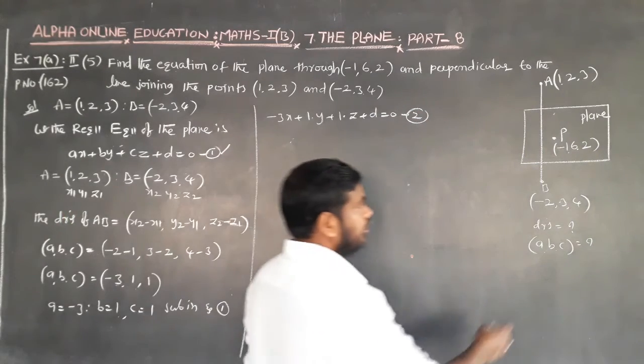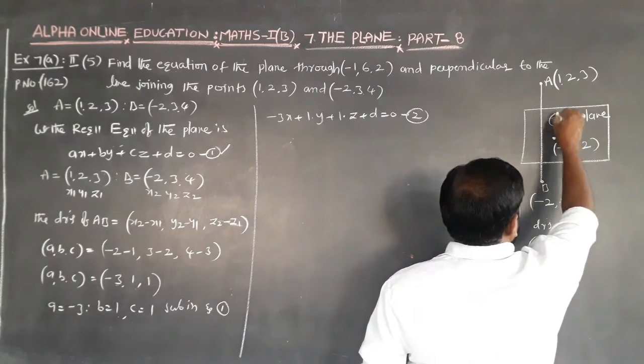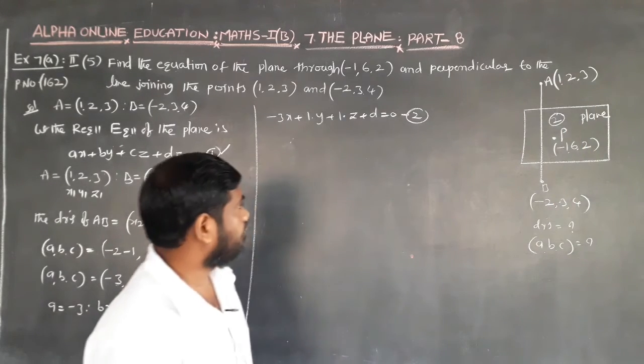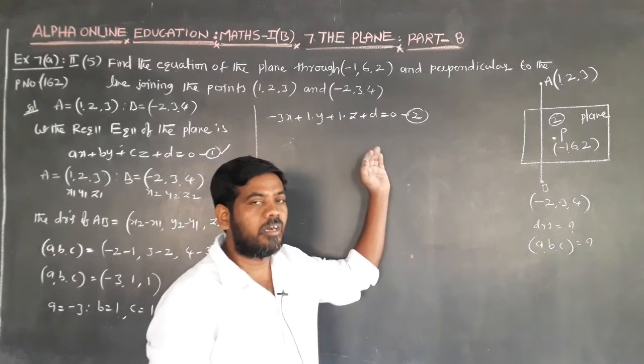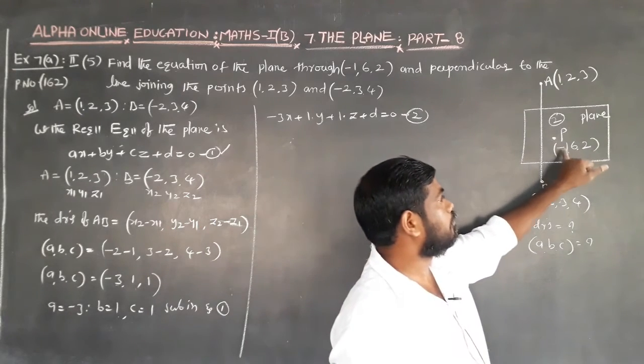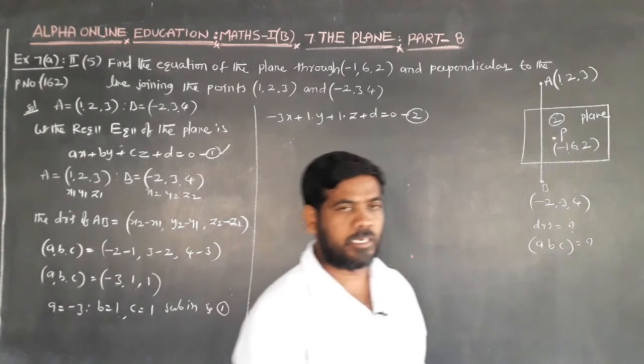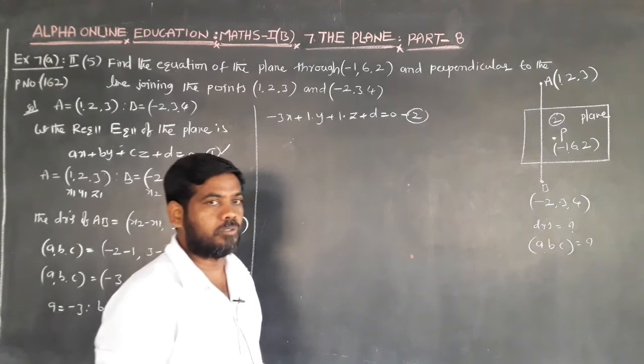This is the required equation of the plane. So here find the value d. Observe, the plane is passing through the point (-1, 6, 2).